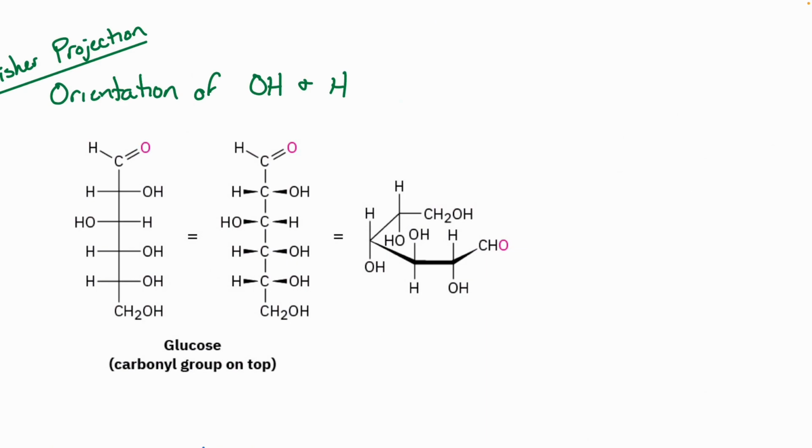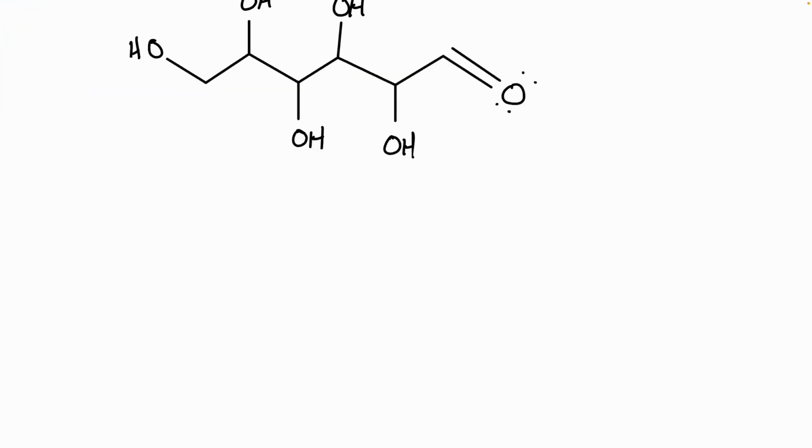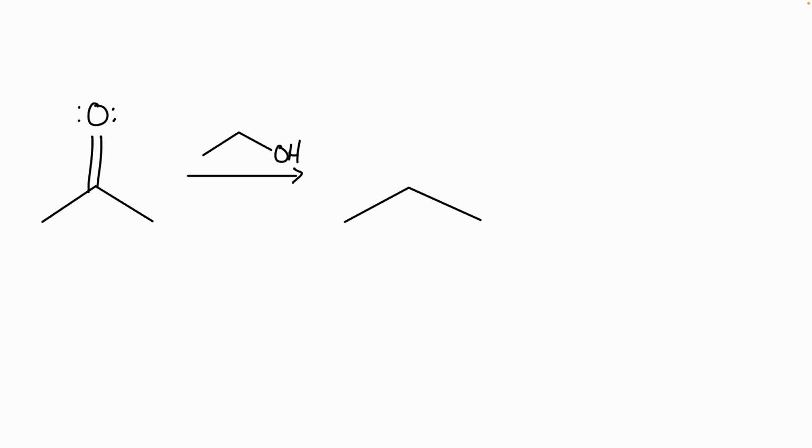One reaction that's really important in sugar chemistry, which is a reaction that we covered, is that if you have a ketone and you mix it with an alcohol, let's just do ethanol, you will first get what's called a hemiacetal.